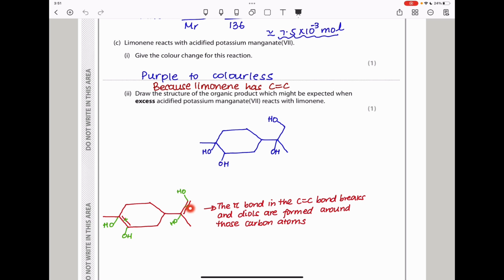Also here we can see this double bond will be broken, an OH attached to this carbon and an OH at that carbon. So we can see a diol will be produced here and a diol will be produced here, as we can see. So this is the structure that will be produced after the double bonds have been broken and the OH groups are attached onto the carbons, which were previously part of the carbon-carbon double bond.